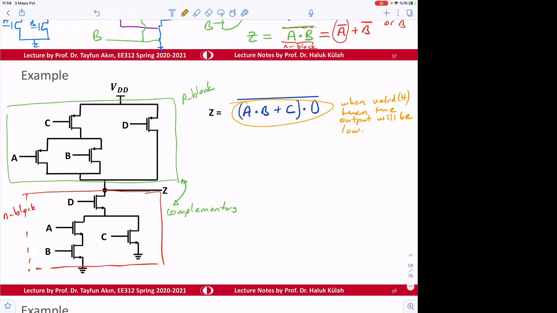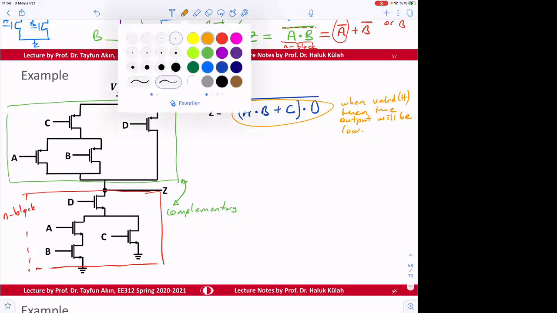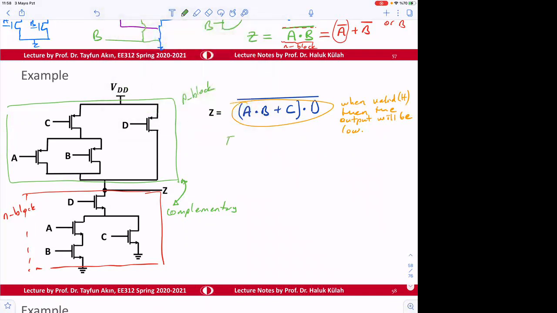Okay, so for the P block, we can write the same thing. Z is equal to, let's write the P block first from that drawing. So it is D, we call it bar. Why? Because this is PMOS.